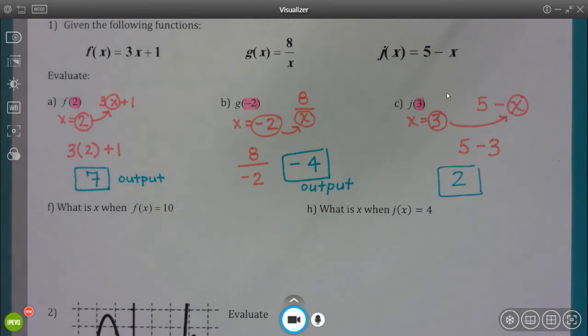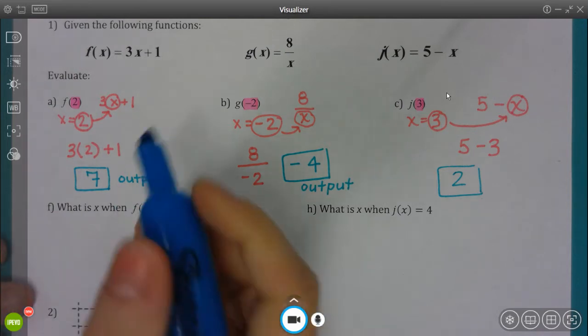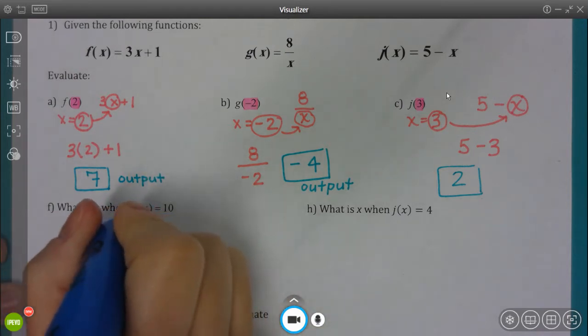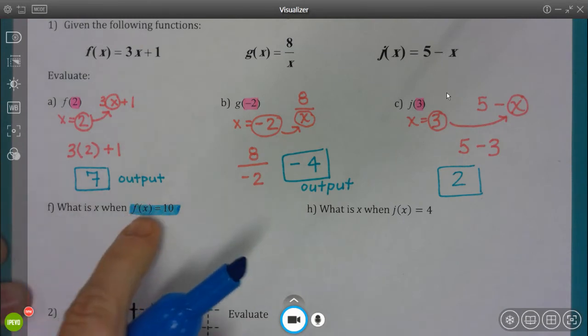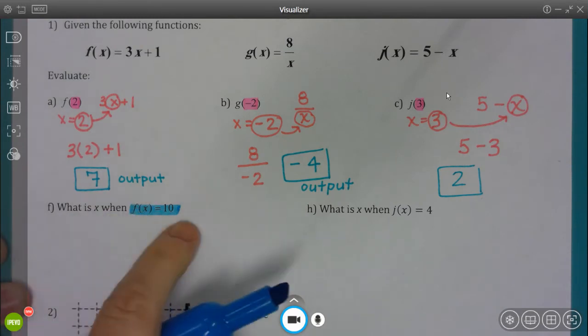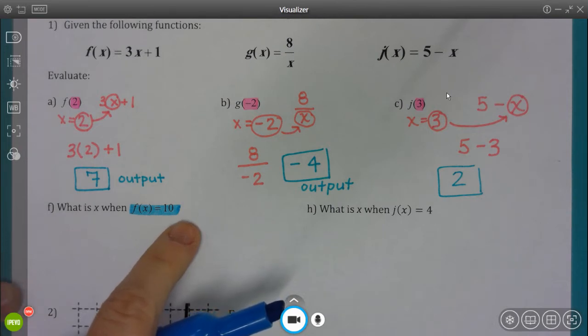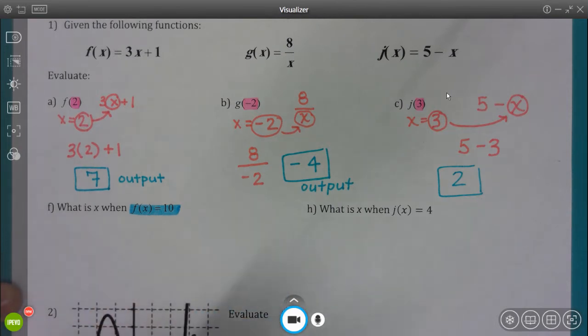Now, f and h are different because now they're saying our whole output value for function f turned out to be 10, and our goal is to find our x value.